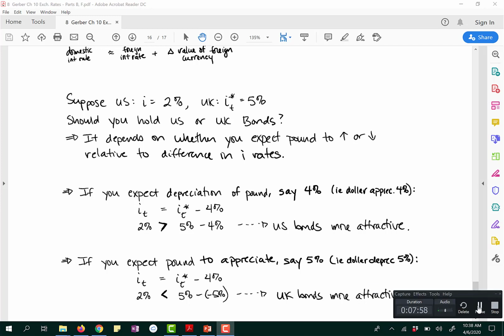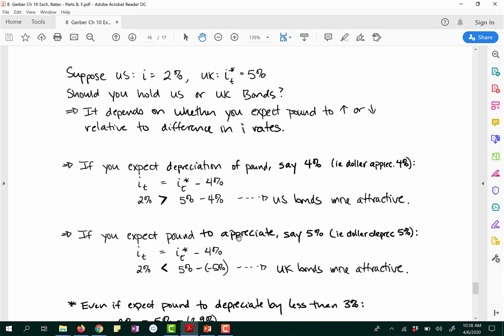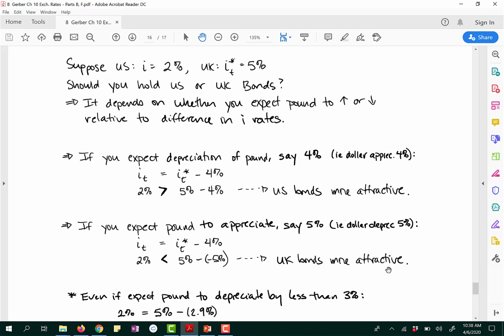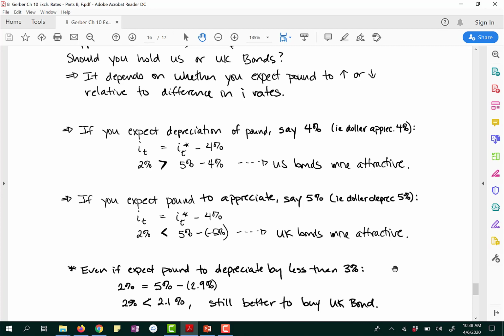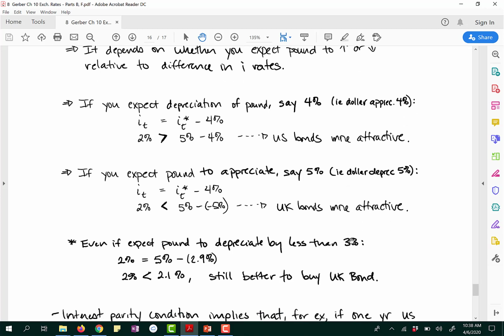for the US bond. But if you expect the pound to appreciate, say for example 5%, the UK bond is definitely more attractive. In fact, the UK bond is the most attractive as long as the pound depreciates by less than 3%.